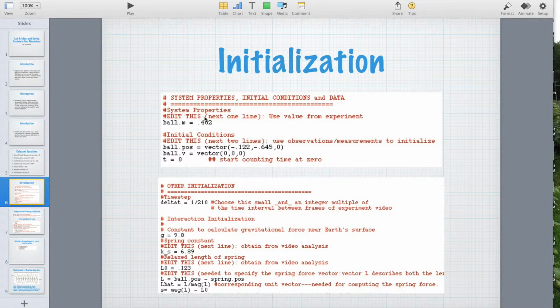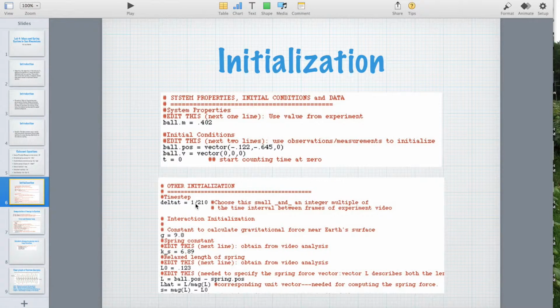We set the mass equal to 0.402 kilograms, the initial position of the mass, which comes from the Tracker data, the initial velocity, which is 0 as it is released from rest, and the initial time, which is also 0.